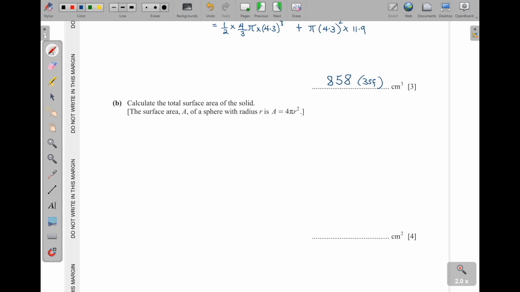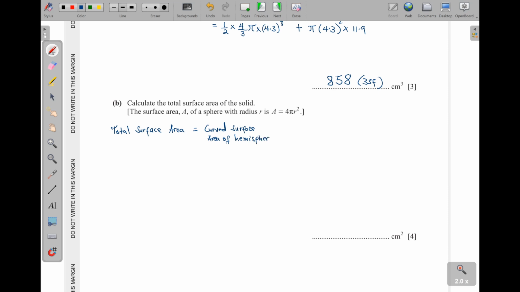Part B, calculate the total surface area of the solid. So the total surface area, we draw the net. So total surface area, we have to look at all the areas of the surfaces. We shall have the curved surface area of the hemisphere.